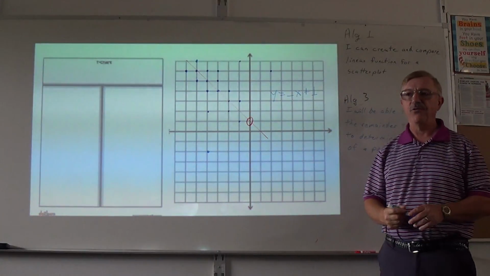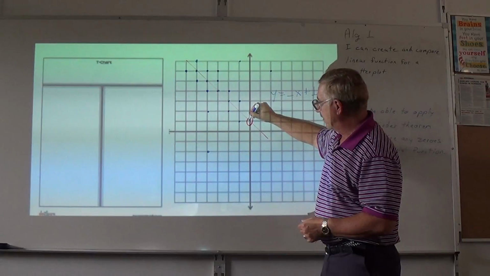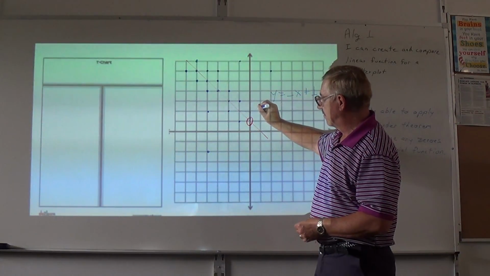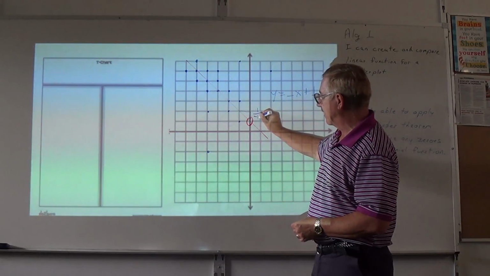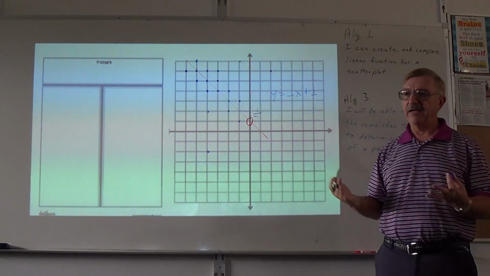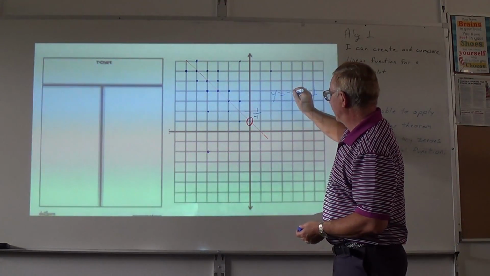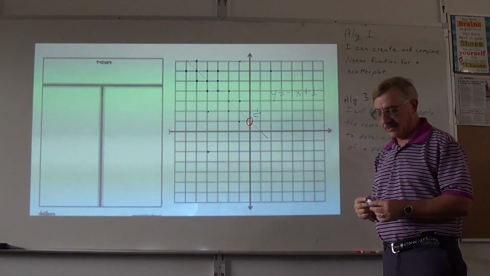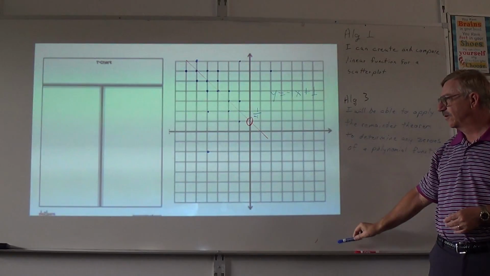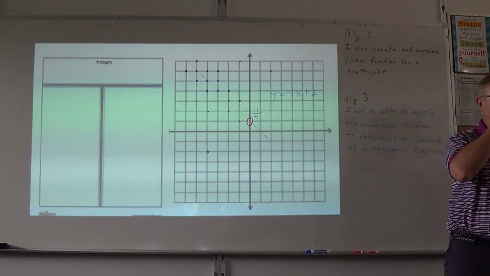So I'm going up 1, back 1. So my slope is 1 over negative 1. 1 over negative 1 is what? Negative 1. So I can make this negative 1x, or just say negative x. And there's my equation. Y equals negative x plus 1.